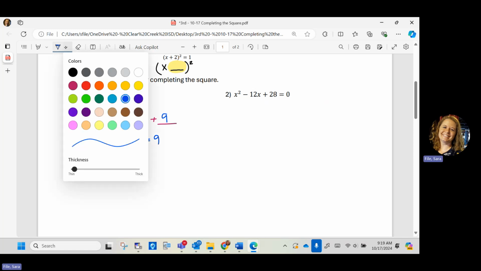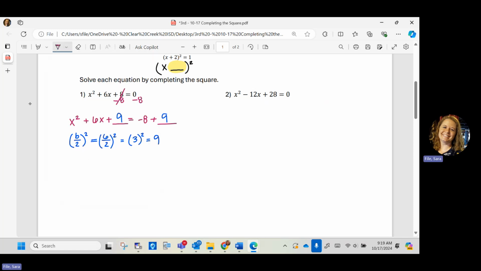What I have created on the left side here is this perfect square trinomial. So this trinomial will factor. Before I write it as the binomial squared, let me explain why it does this. Remember the X method we were doing last week?